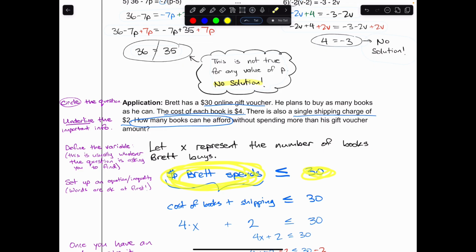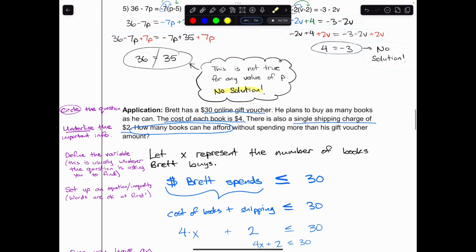So the money he spends needs to be less than or equal to that amount. He could spend $29, he could spend $28, but he can't spend $31, right? He could spend all $30 if that's possible. We don't know yet.